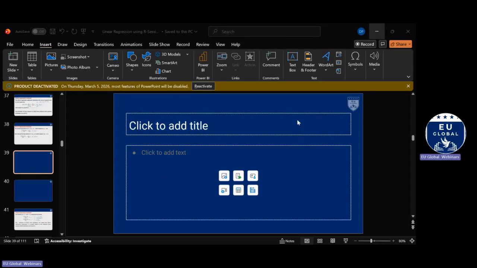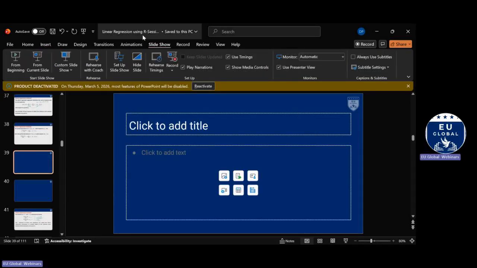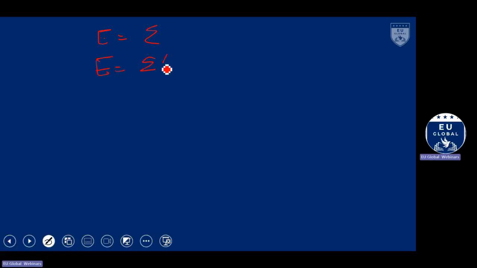So we are going to first of all take the value of E. Let us do a slideshow from the current slide. In this, we will first of all take the value of E, which is equal to summation of yi minus b naught minus beta 1 x1 whole square, right?